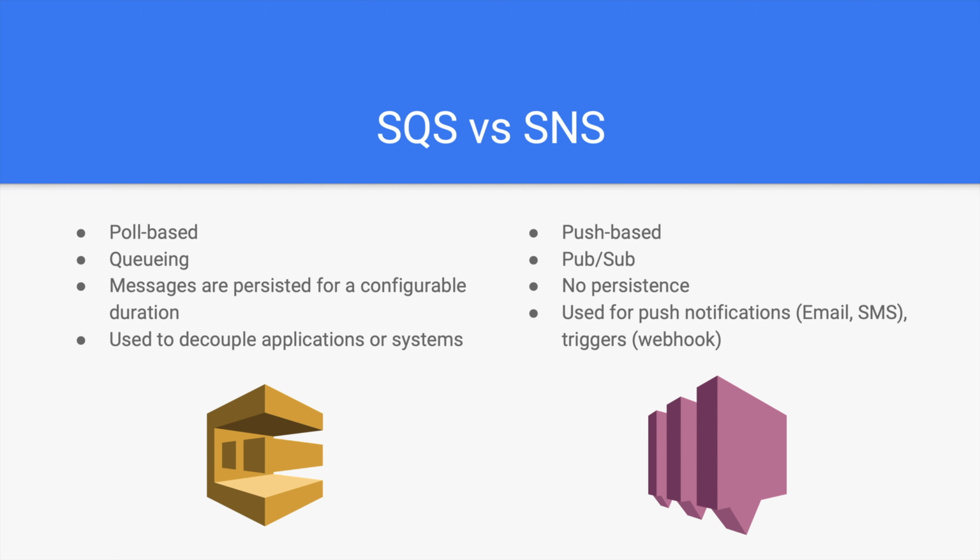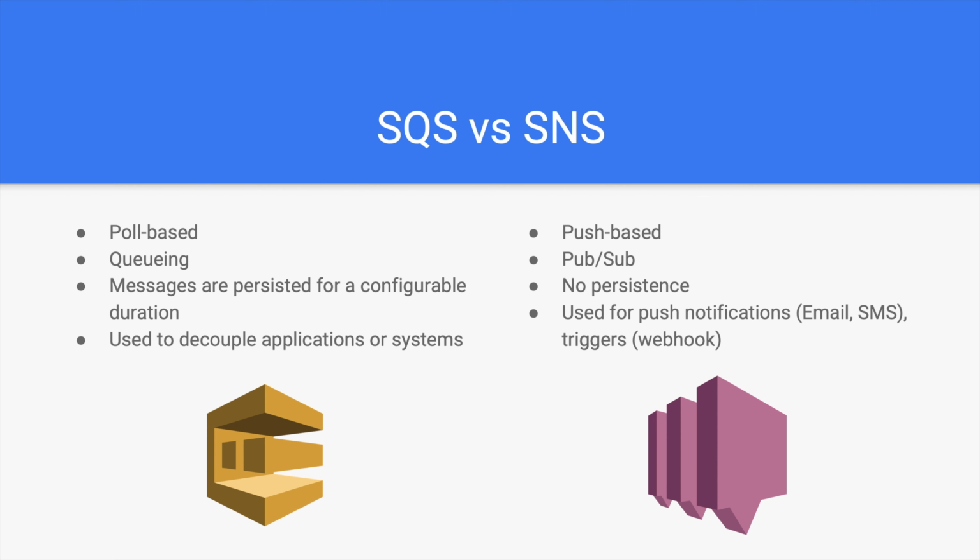SNS is not like this. An application will publish a message on an SNS topic, and one or more subscribers may receive this message or the notification through different protocols like JSON encoded messages via HTTP or HTTPS, for example, webhooks, an email, SMS, or even an SQS queue.